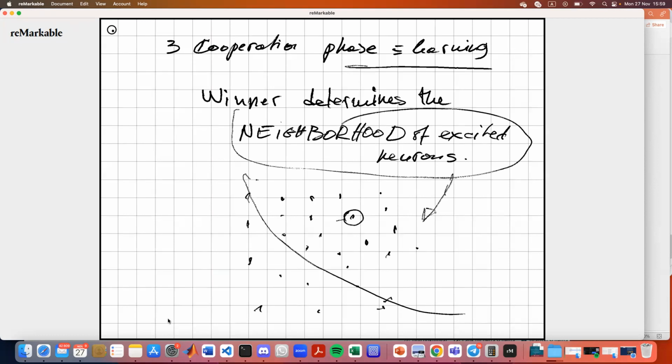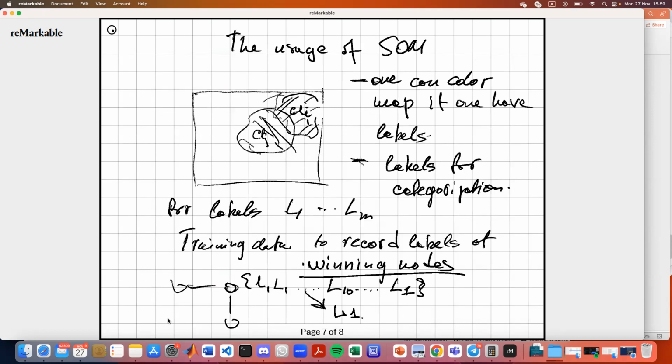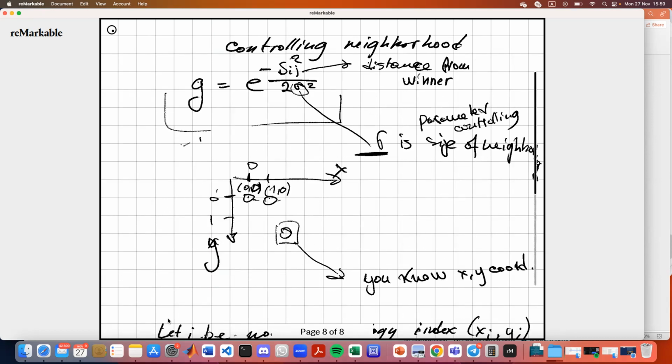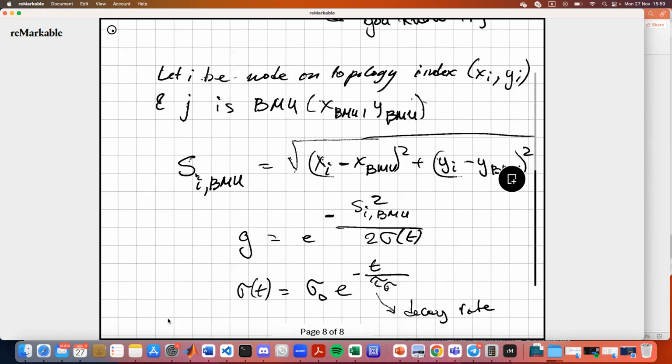Again, you will have these not very precise borders between clusters. They start to emerge, and the more iterations you do, the crisper the borders between the clusters become with respect to the best matching unit. Yes, that's it.